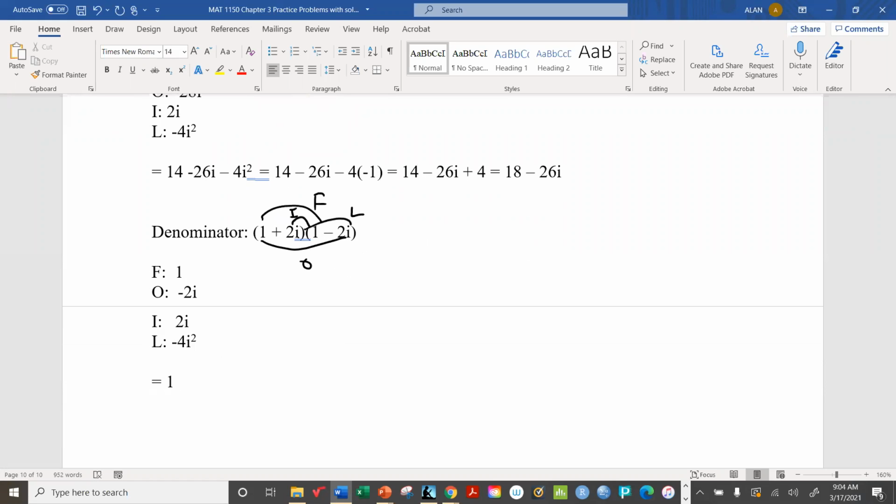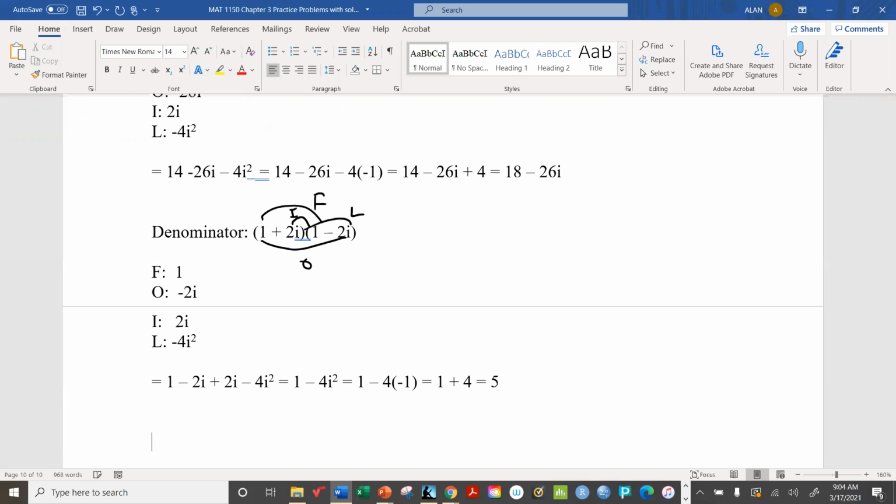So we have 1 minus 2i plus 2i minus 4i squared. 1 minus 4i squared. And finally, 1 plus 4 equals 5. Beautiful. So as we predicted, the denominator is a real number.